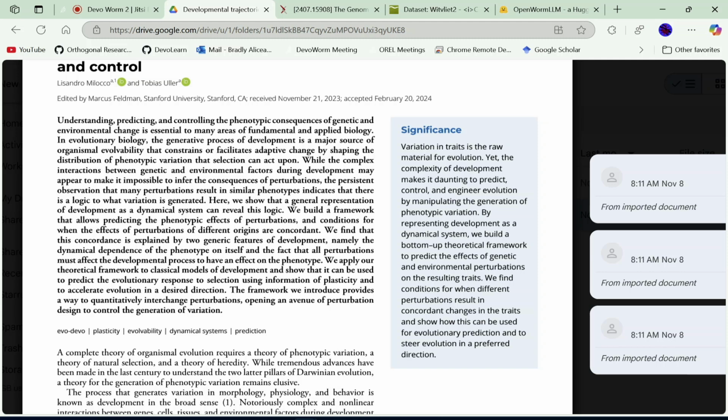We build a framework that allows predicting the phenotypic effects of perturbations and conditions for when the effects of perturbations of different origins are concordant. We find that this concordance is explained by two general features of development, namely the dynamical dependence of the phenotype on itself, and the fact that all perturbations must affect the developmental process to have an effect on the phenotype.